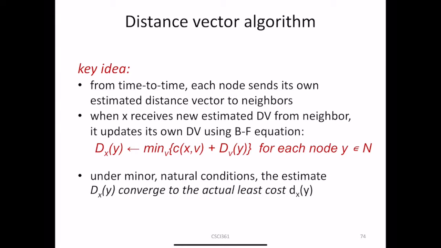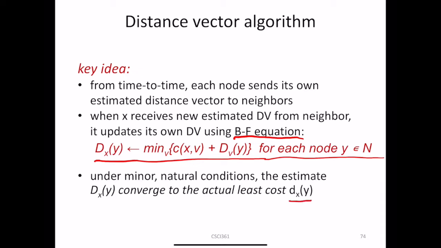Then the key idea is from time to time, each node will send its own estimated distance vector to neighbors. So when x receives a new estimated distance vector from neighbor, it will update its own distance vector using this BF equation. So under minor natural conditions, the estimated D_x(y) converges to the actual least cost lowercase d_x(y).